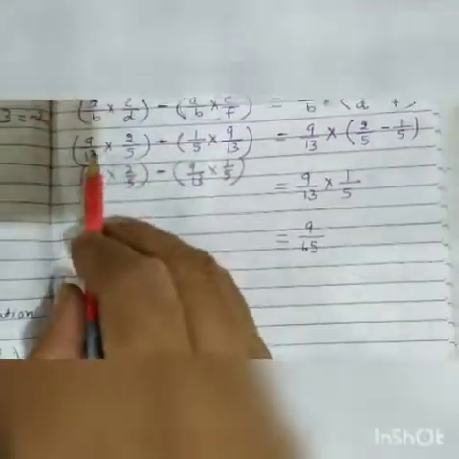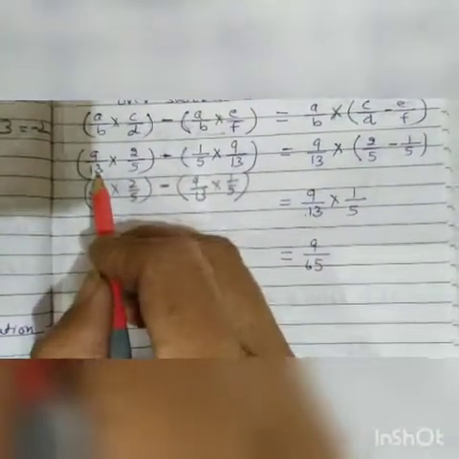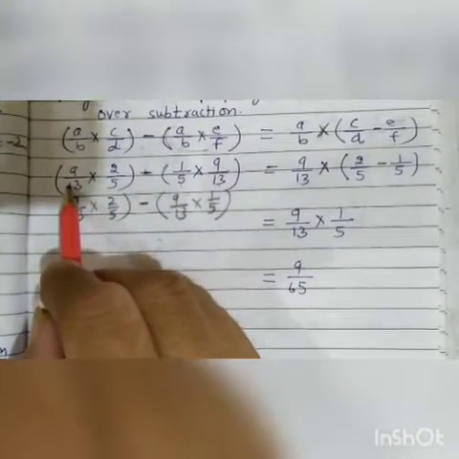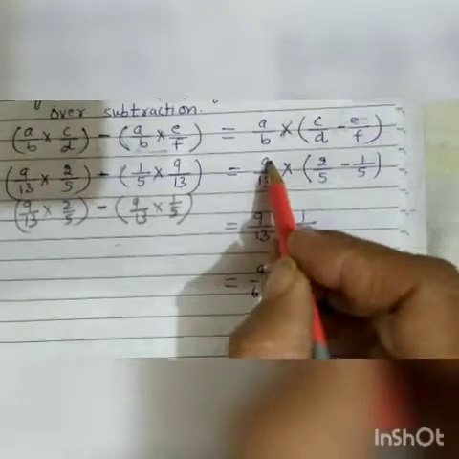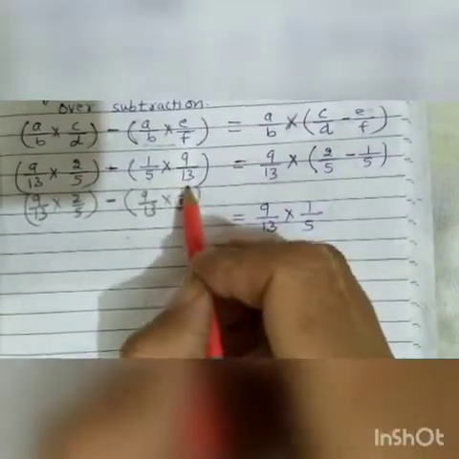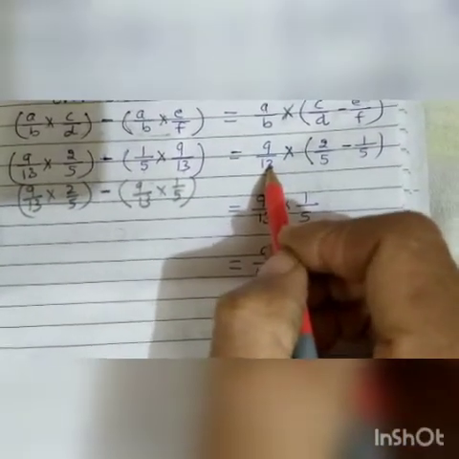In the same way, here in these two brackets, which rational number is same? 9 upon 13 and 9 upon 13. So this value will be for a upon b, or we will write it out of the bracket, or we say take out common 9 upon 13. 9 upon 13 is taken out as common.